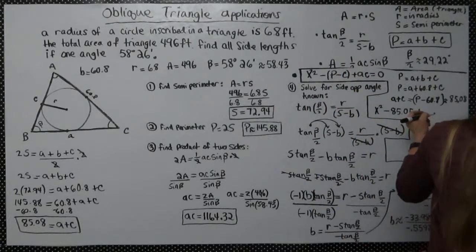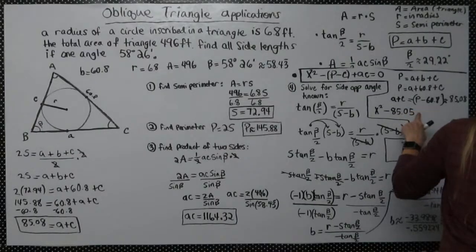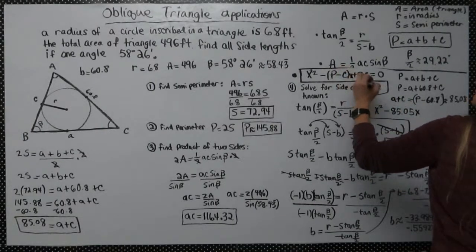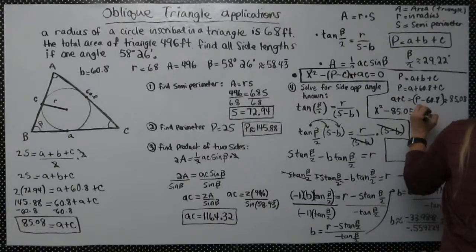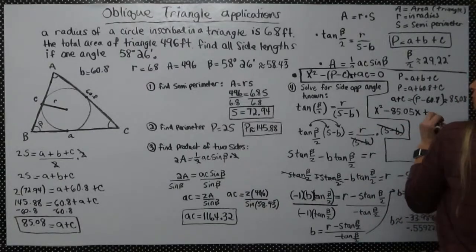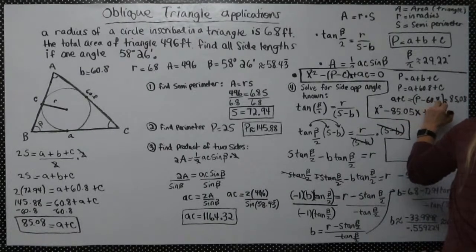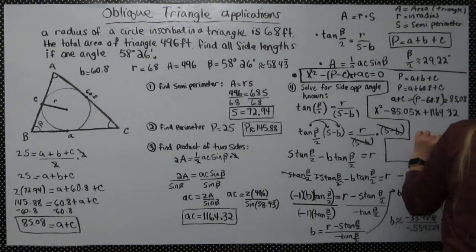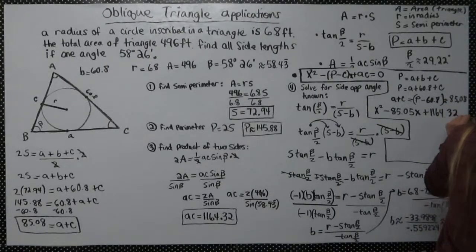It's 1164. There's the x there. Plus AB. Sorry, AC. 1164.32. All right. So we have this quadratic.